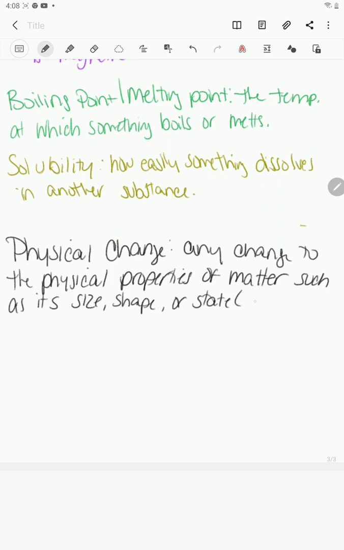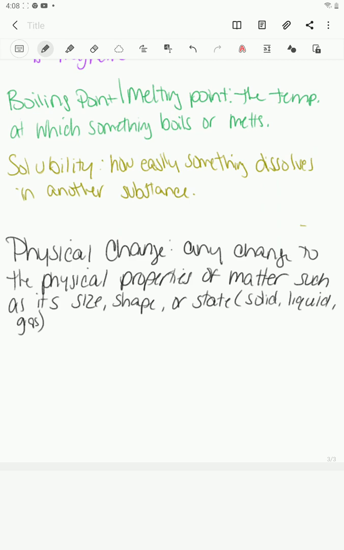And when we talk about state, we mean solid, liquid, or gas, right? So the final product of any physical change is still composed of the same matter, right? So you can take a piece of ice and you can melt it, which makes it into liquid water, and then you can refreeze it. It's still water, we're just changing its state, okay?